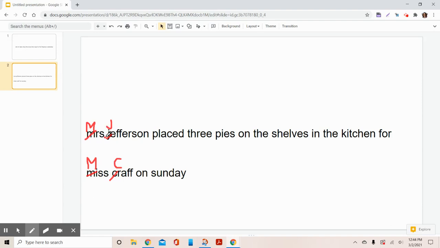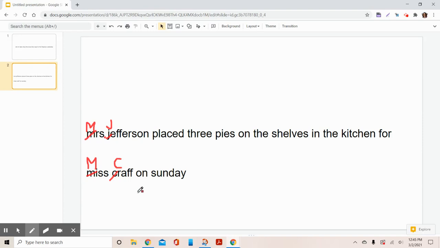Does it need a period like Mrs. did? It does not. Miss is not the shortened word. It is not an abbreviation of a longer word for miss. So it does not require a period after the S. So Miss Craft is a proper noun with a capital M and a capital C.